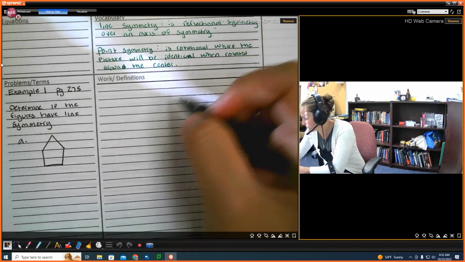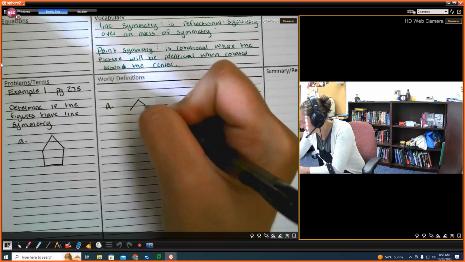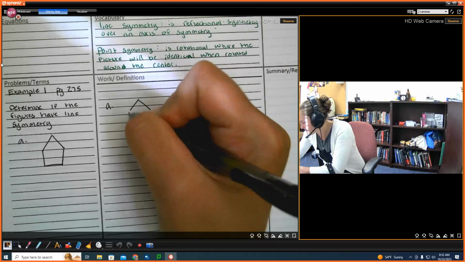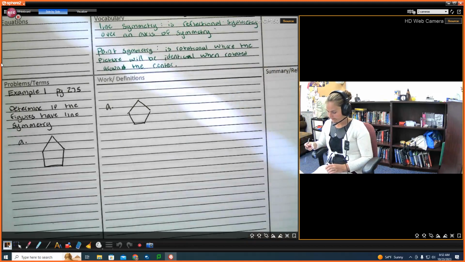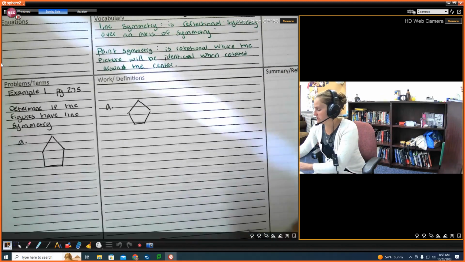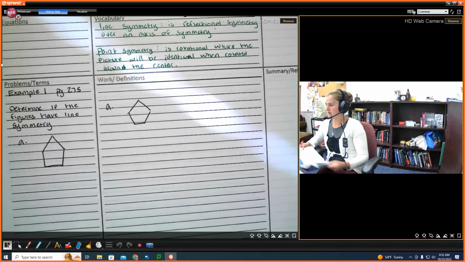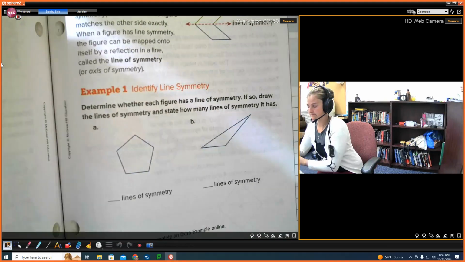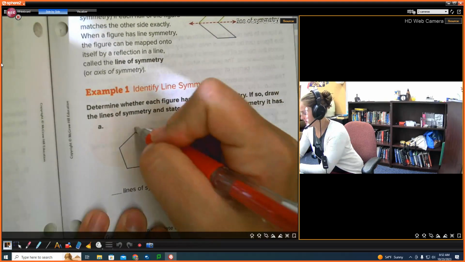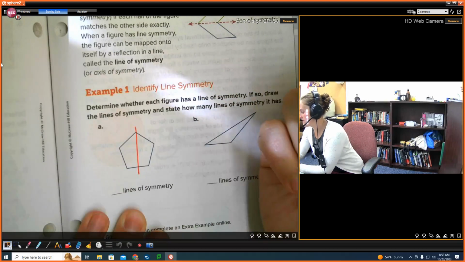I'm just drawing a house over here. So how many lines of symmetry does it have? So we have this one. Are there any others?